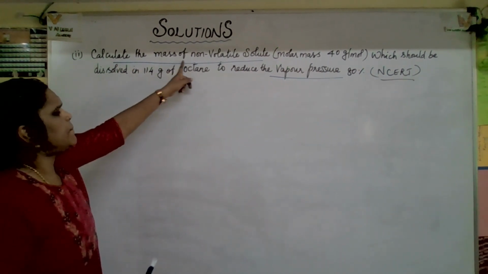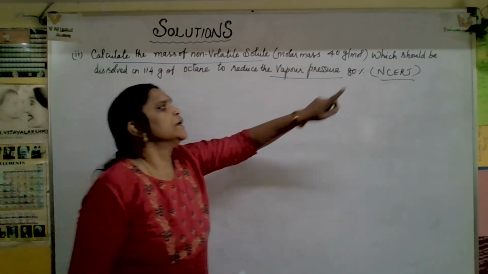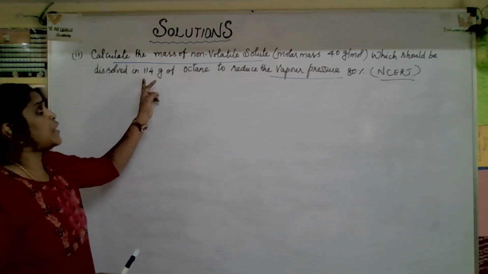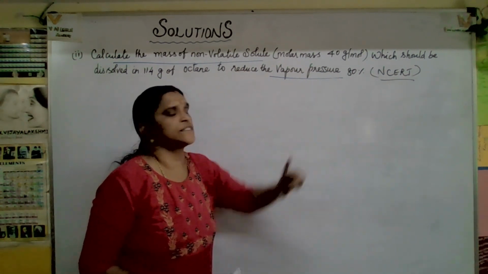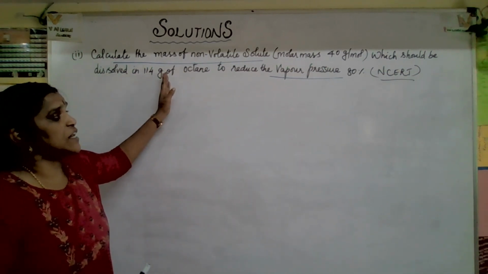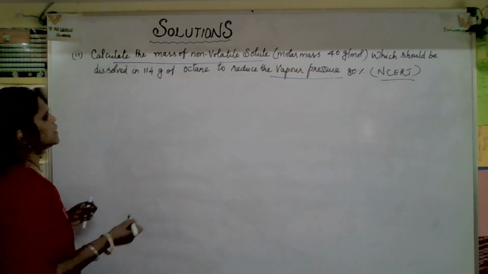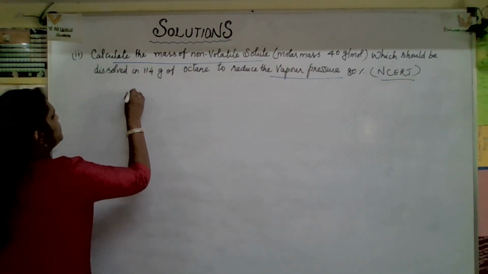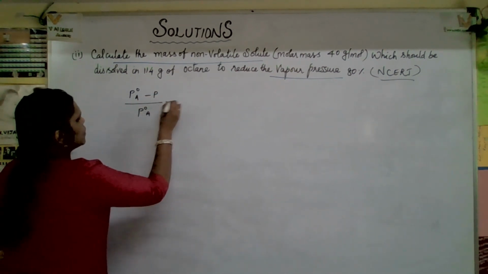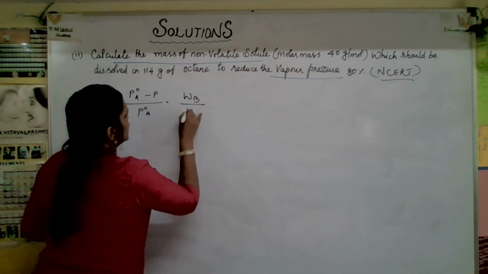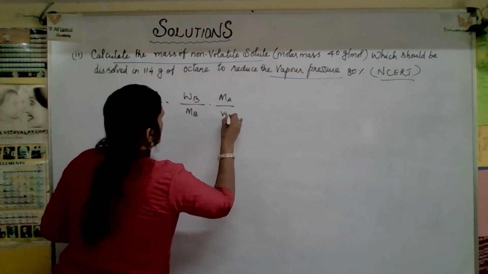Here, calculate the mass of non-volatile solute. Molar mass is 40 gram per mole, which should be dissolved in 114 gram of octane to reduce vapor pressure by 80 percentage. So this is actually the same, something different. Let us analyze which is different. The first one, P naught A minus P divided by P naught A equal to WB by MB into MA by WA.